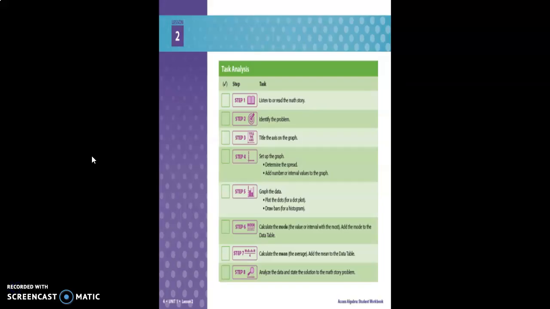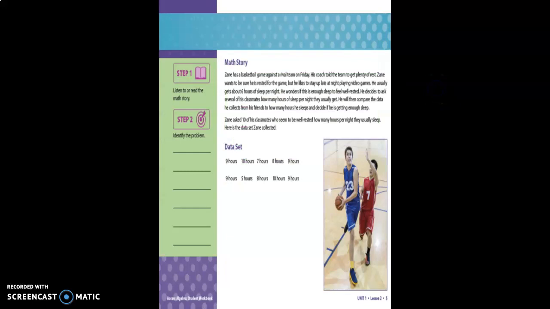So we're back to your worksheet, page 4, and you're going to do the same thing. Let's go to page 5. So here's your story, and this story is about hours of sleep. He asked 10 teammates how many hours of sleep they sleep during the night. So this is your data.